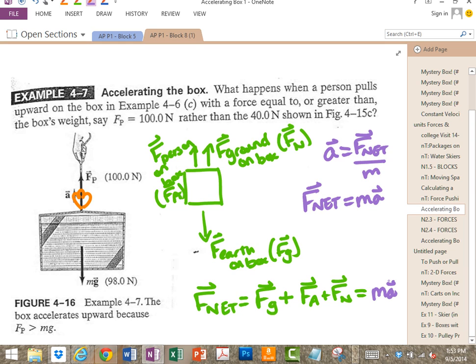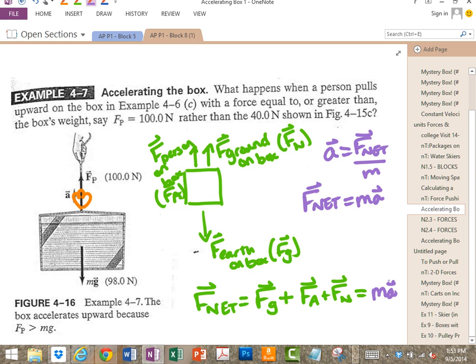If this thing is accelerating upwards because of just these other two forces, the applied force and gravity, then there's no reason for that box to be touching the surface. And if it's not touching the surface, there is no normal force. Does that make sense?